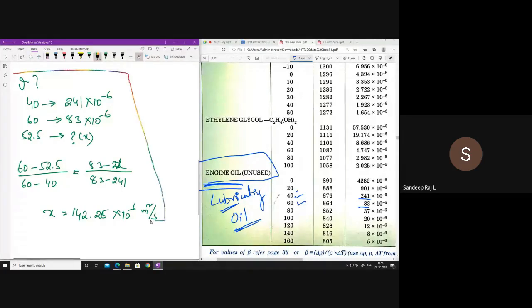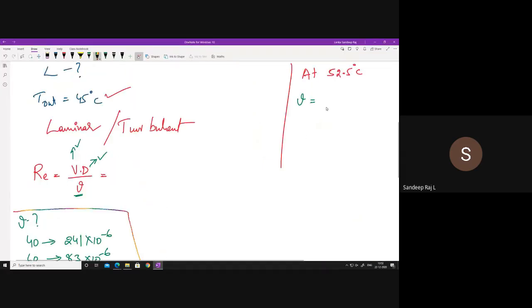You need not write all this in the original problem. So nu is 142.25 into 10 to the power of minus 6 meters square per second.